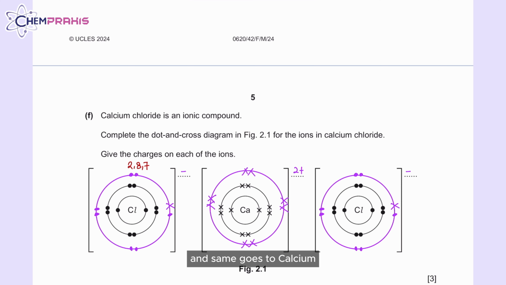Same goes for calcium, before that is 2,8,8,2, and they will lose 2 electrons. The electrons that they donate will be received by each chlorine. And don't forget to write the charge. For Cl it is -1 charge, and for calcium it is 2+ charge.